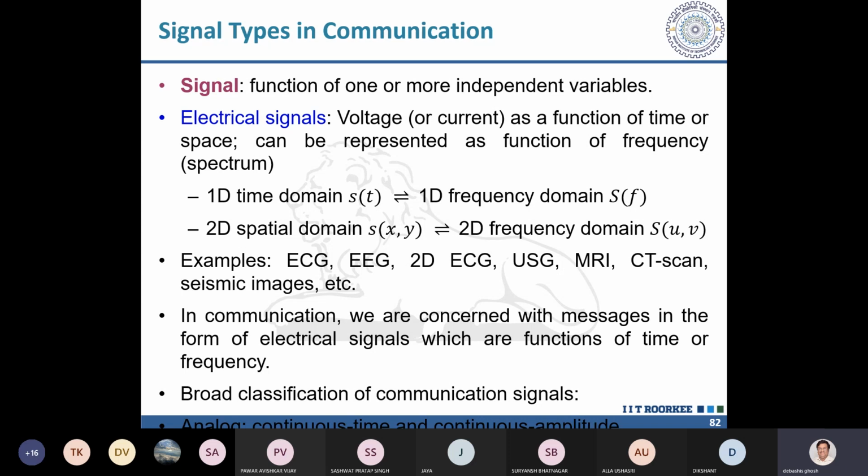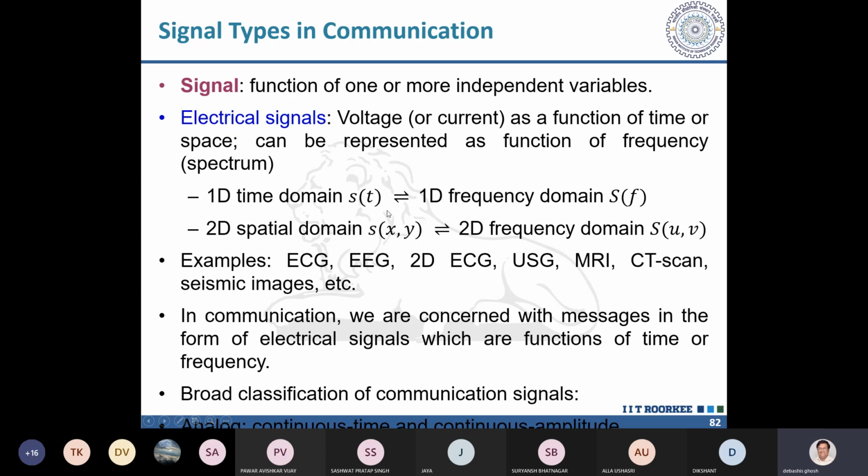So the digital picture which you take using your digital camera is an electrical signal, but it is not a function of time, it is a function of space, the XY coordinate system. So that's why I am saying that an electrical signal can also be a function of space. That is a two-dimensional spatial domain, S(x,y).